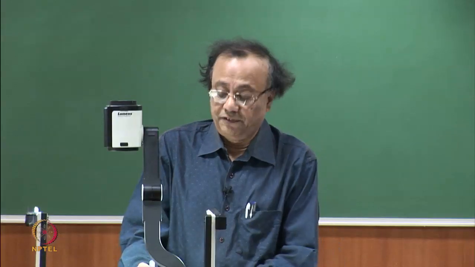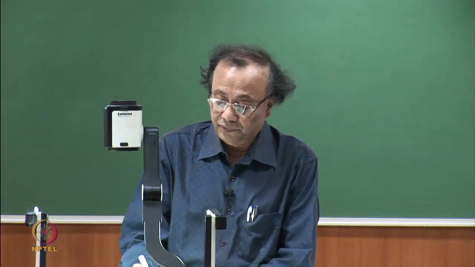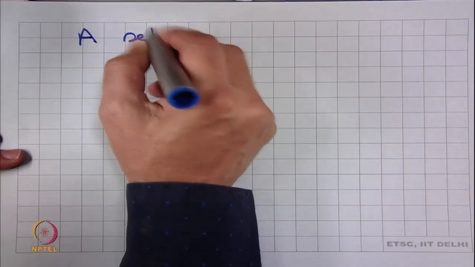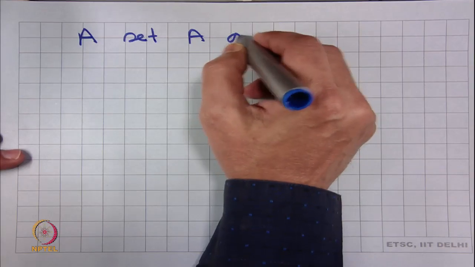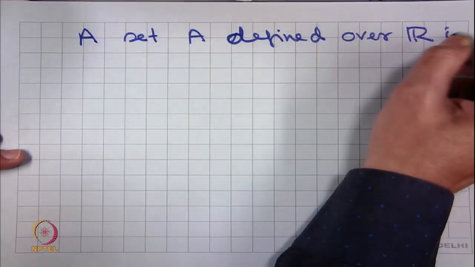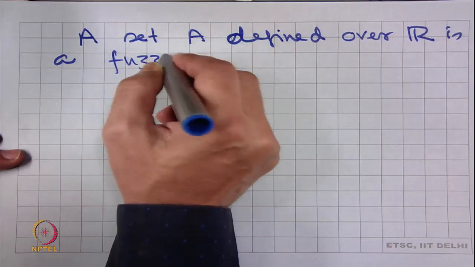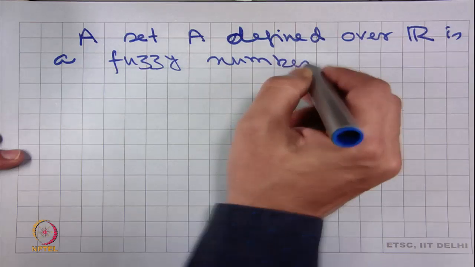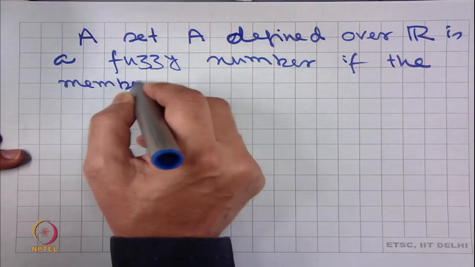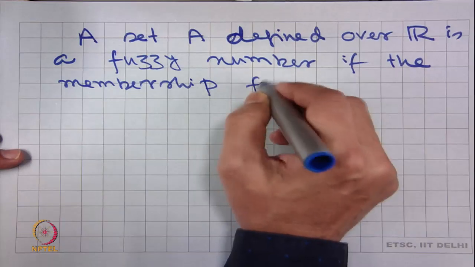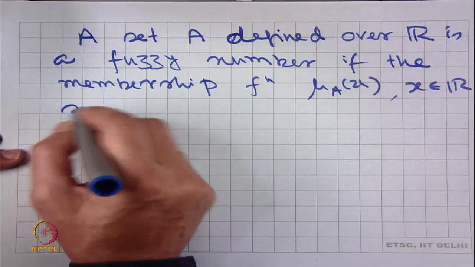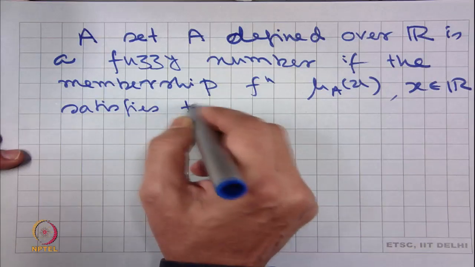And we have stated a theorem which says that a set A defined over R is a fuzzy number if the membership function mu A x, x belonging to R, satisfies the following.